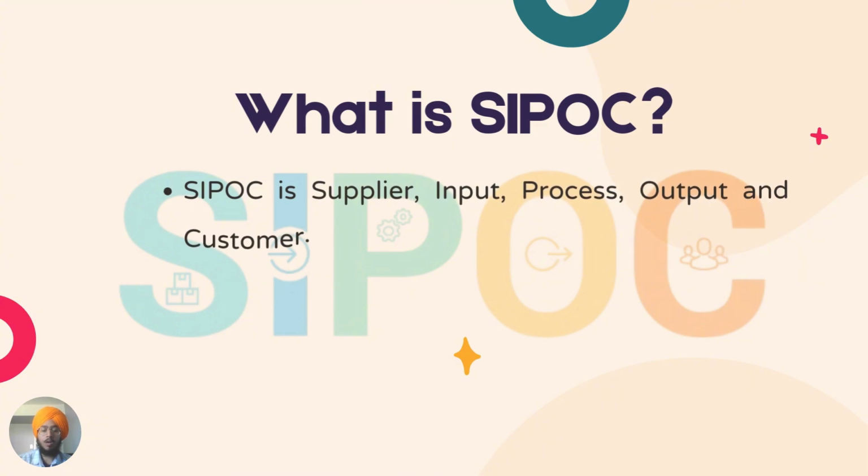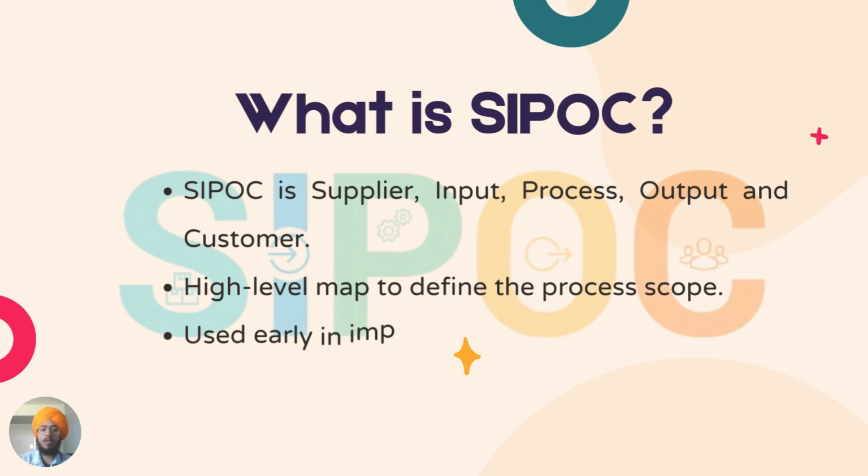So what is SIPOC? SIPOC is an acronym that stands for Supplier, Input, Process, Output and Customer. It's a simple but very effective tool to help us understand the full scope of a process from start to finish. SIPOC diagrams are created at the start of a project to clarify what's inside and outside of the scope.